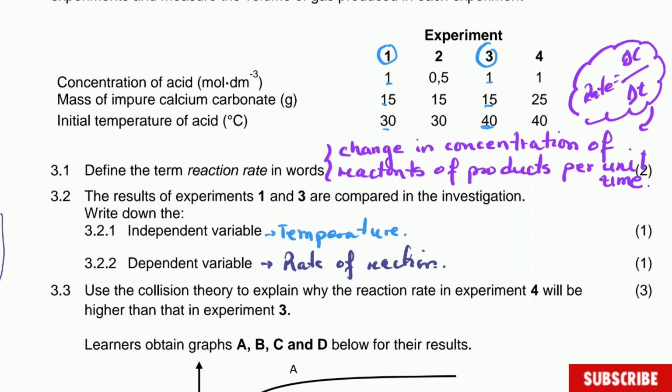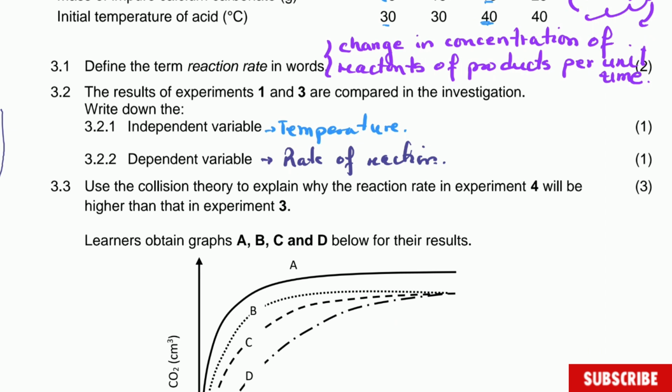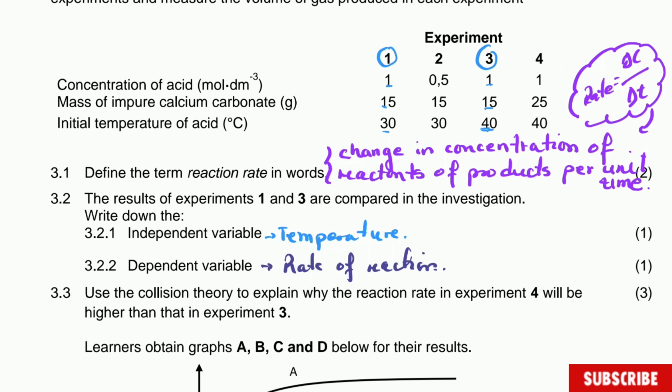Question 3.3 says, use the collision theory to explain why the reaction rate in experiment 4 will be higher than that of experiment 3. Now we are talking about experiments 4 and 3. What did they change there?